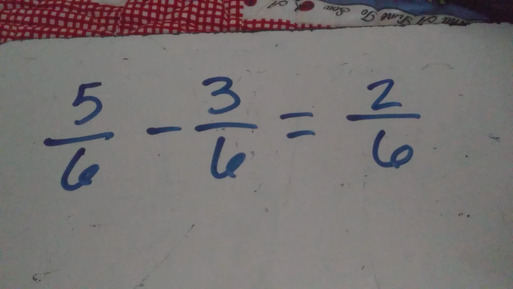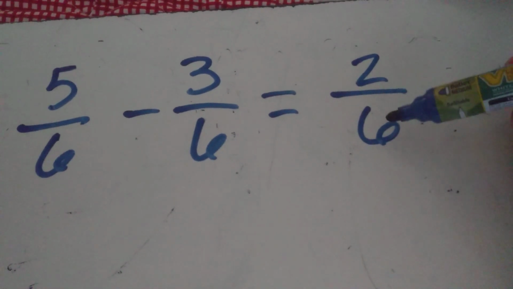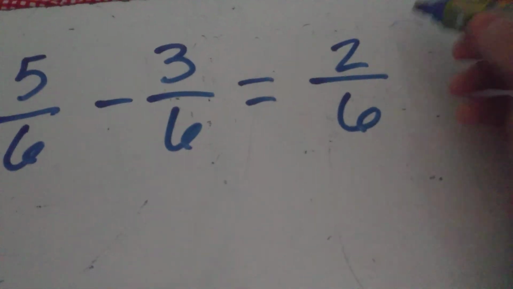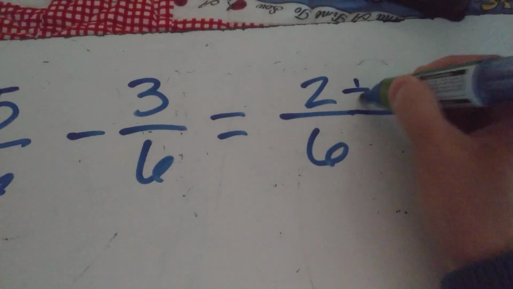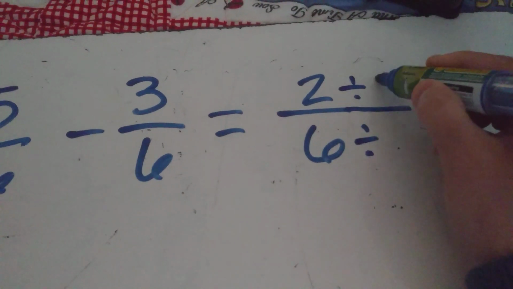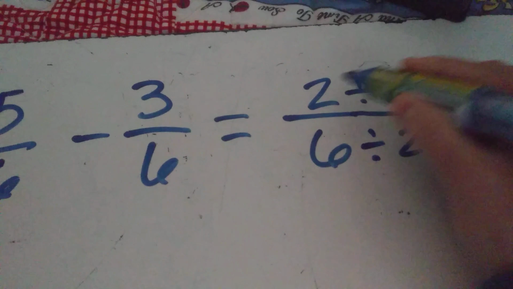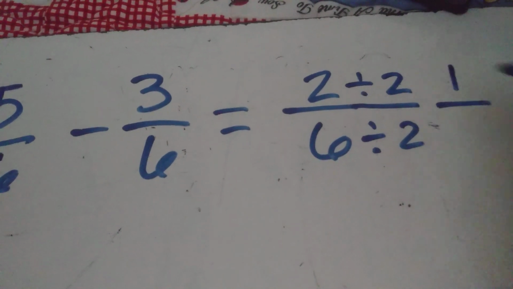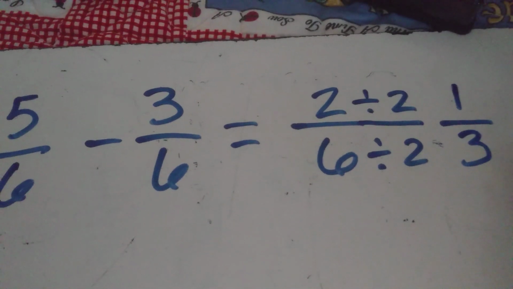Now 2/6 is not reduced all of the way. I can tell this because I have even numbers here. So what I can do is extend this fancy little line, and I can divide each by 2. And let's see what we get. 2 divided by 2 is 1, and 6 divided by 2 is 3. So now let me rewrite this.